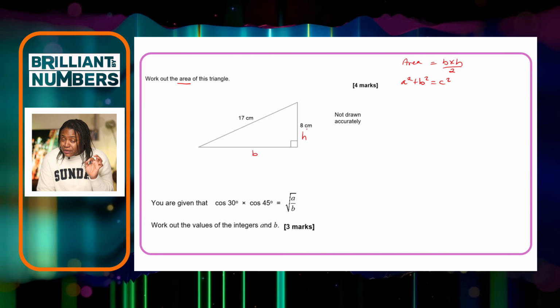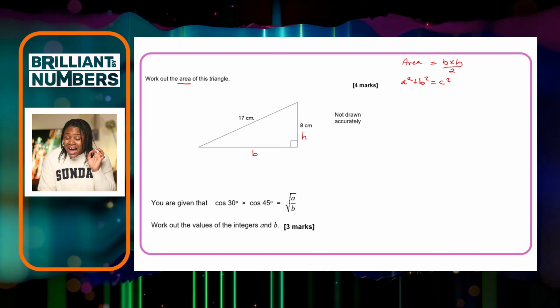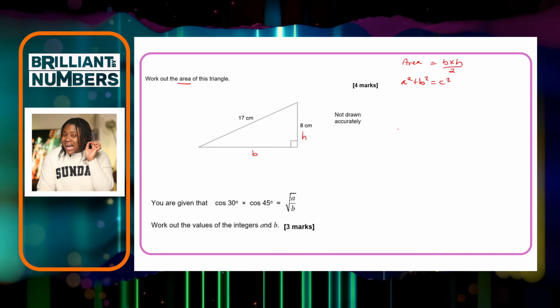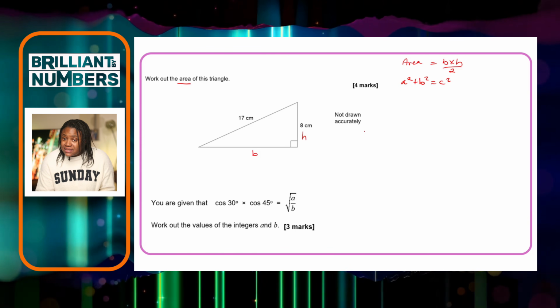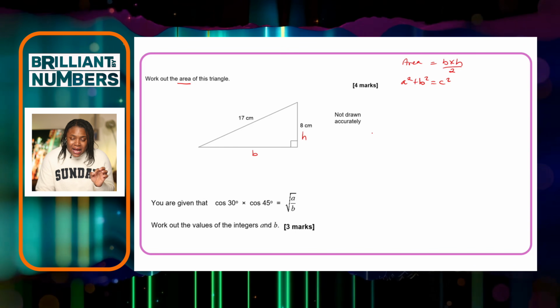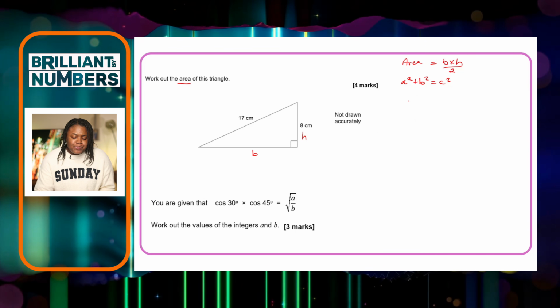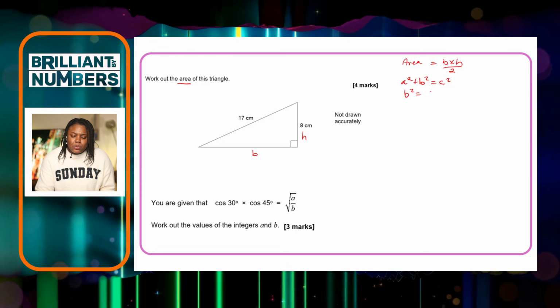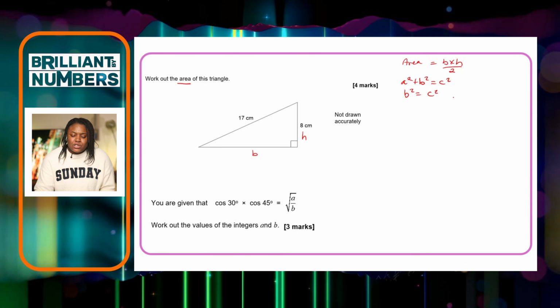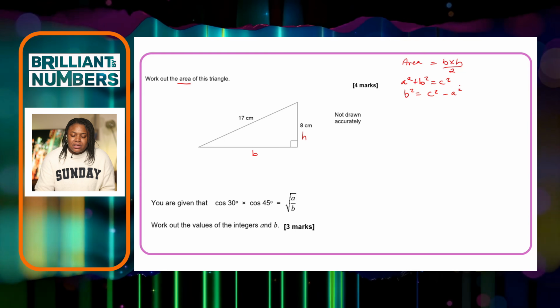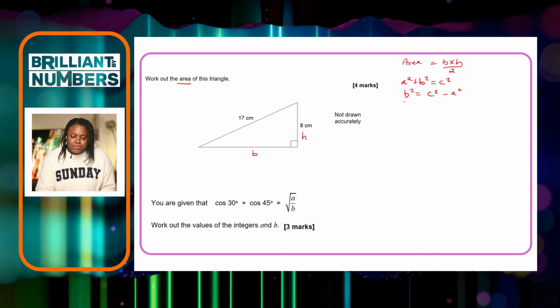But be careful with the information here, we have the longest side. So we only add if we're finding the longest side, and we subtract if we are finding the shorter side. Therefore, b squared is going to be equal to the longest side, which is c squared, take away a squared. So let's go, substitution.